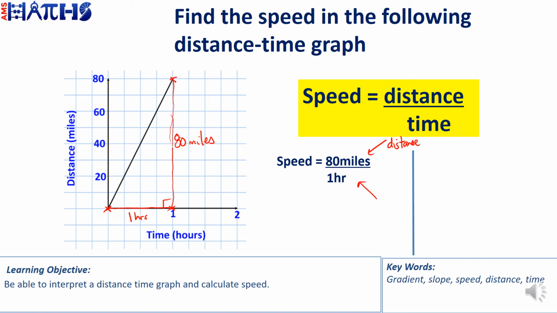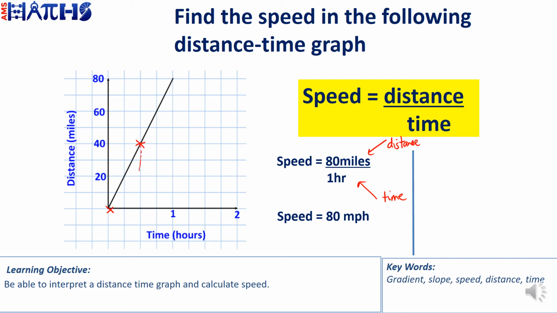The change in time is 1 hour for the right angle we selected. And so we just divide them and we get 80 miles per hour. Now we didn't have to select that particular triangle. We could have done a different triangle, and so we're going to look at doing that and see if we get the same answer.